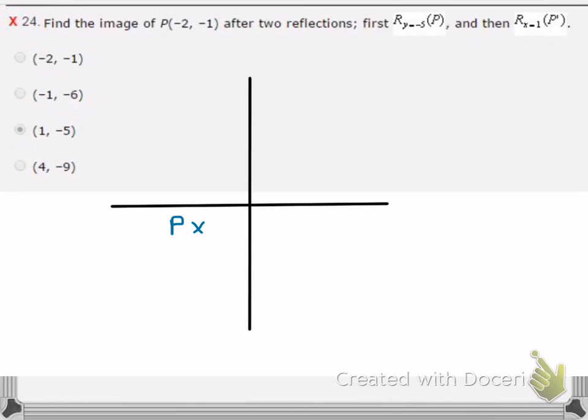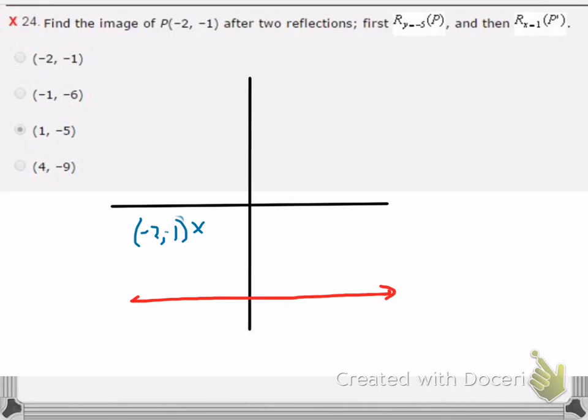And then we are going to reflect that point across the line y equals -5. Now y equals -5 is the horizontal line through -5 on the y-axis.